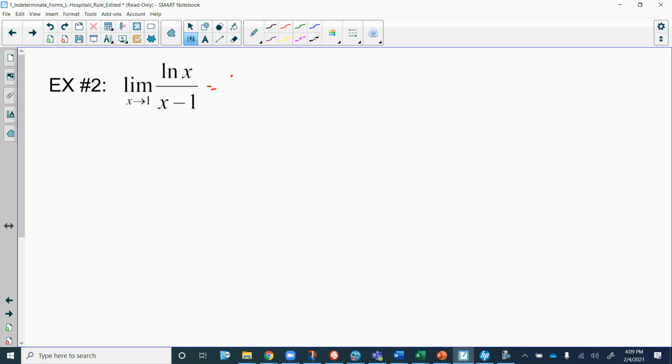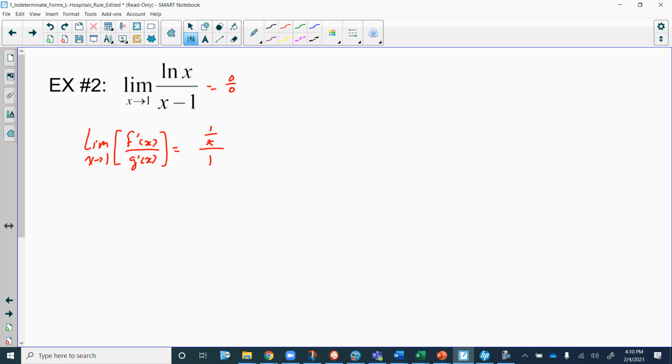This is how I'm going to show my work: the limit as x approaches 1 of the derivative of the numerator over the derivative of the denominator. So the derivative of natural log of x is 1 over x, and the derivative of x minus 1 is 1.